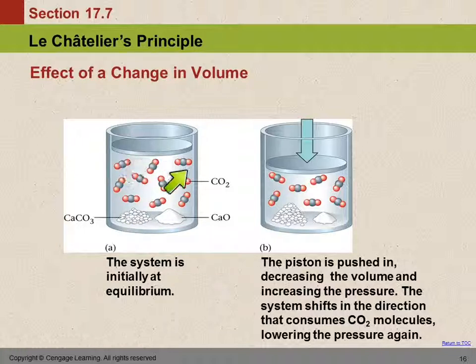And this guy is in the gas state. So gases are sensitive to temperature and volume changes. If we decrease the volume, then we're in effect increasing the concentration of that gas because we're squishing it together. Le Chatelier's principle says the equilibrium will shift to compensate. And so it will shift away from the carbon dioxide.